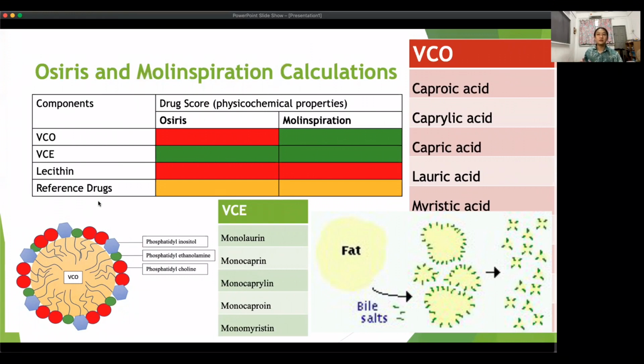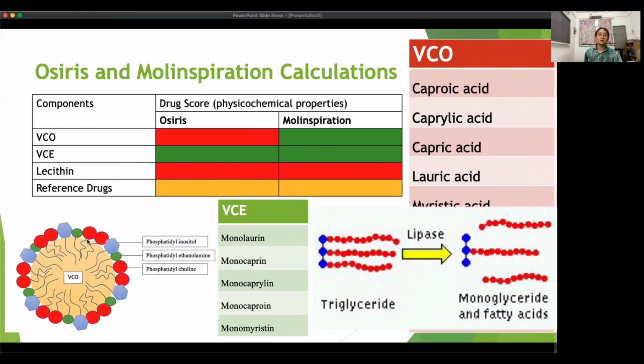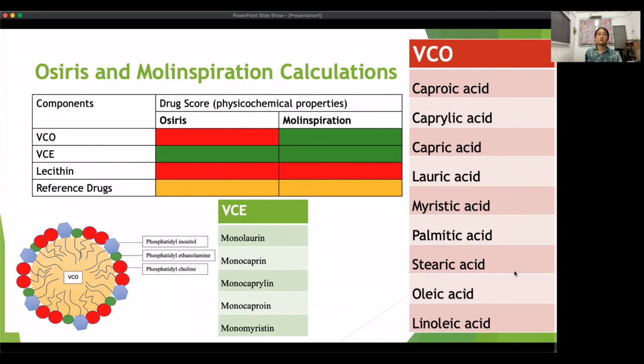It is readily broken down by the lipase to form the monoglyceride form of the VCO components inside the VCE. So that's why all the components used for VCE were monoglyceride components instead of fatty acid components like VCO. This is also the same for the autodock later.